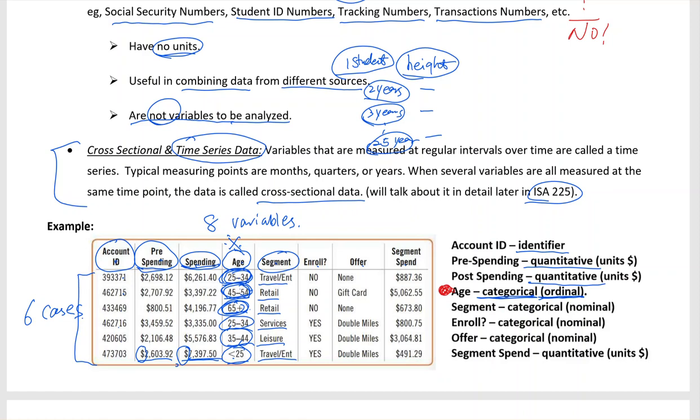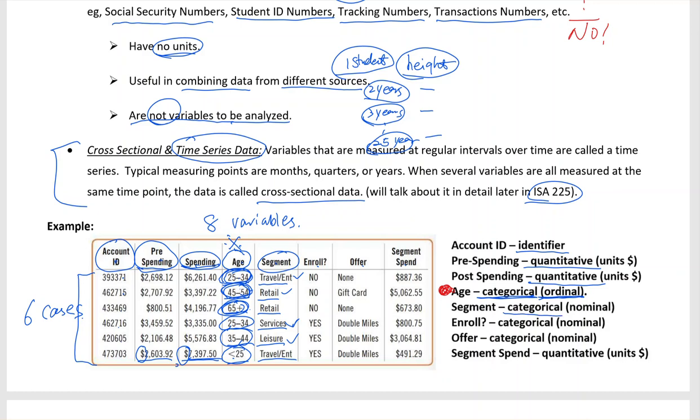Of course, right? Either retail or travel or services or leisure. So actually they have four categories in this data table. So segment is again a categorical variable.